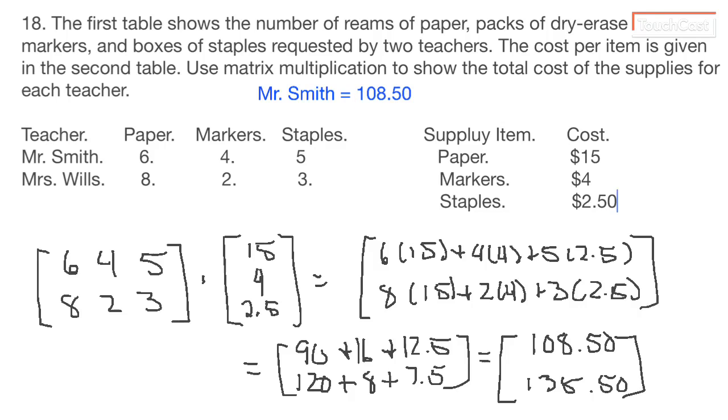Let's change that to a dollar sign. And Mrs. Wills, her total is $135.50. And let's put a dollar sign there. So we're done with example 18. We're going to move on. And the examples 19 through 22 utilize the same thing.